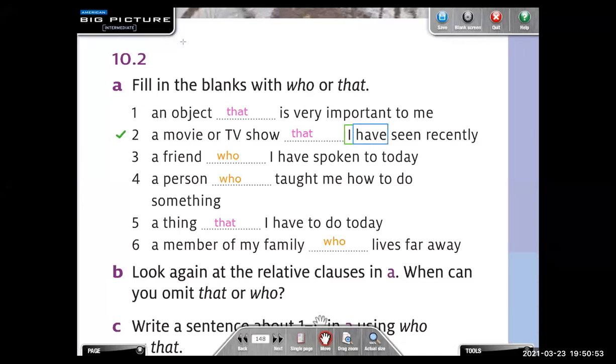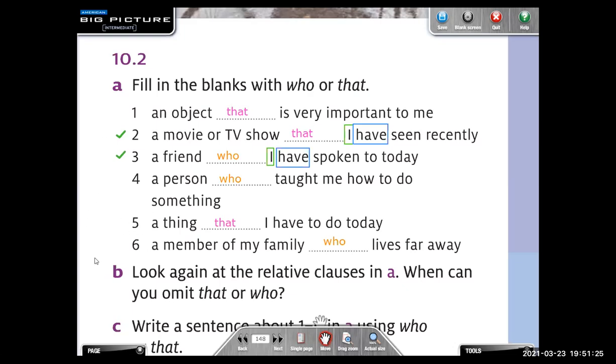Okay. What about sentence number 3? Can we omit that? Sorry, can we omit who? Yes, because it is followed by a subject and a verb, right? What about sentence number 4? Can we omit who? No, teacher. No. Sentence number 5.